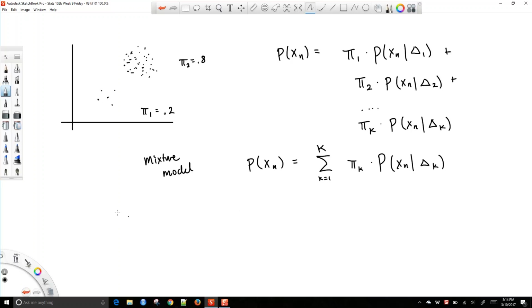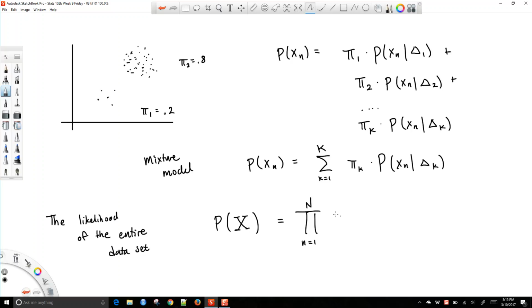Okay, and then thus the total likelihood of our entire data set, if we assume every observation is normal, the probability of the entire data is going to be the product of all of our data points, n equals 1 to N, of this.